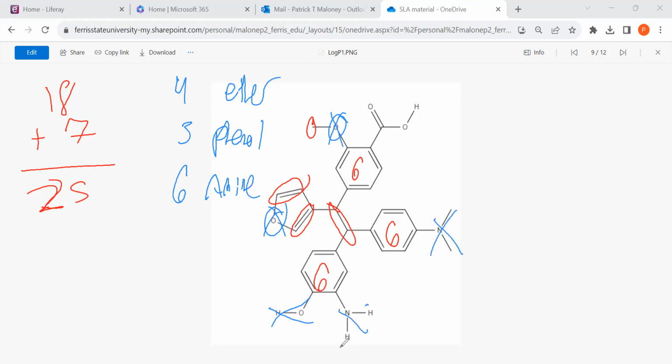Crossed off, crossed off. And then 1 acid, 3 for the acid. Okay, now we have our number. It's 13 to 25. Does that look better? That was my bad.